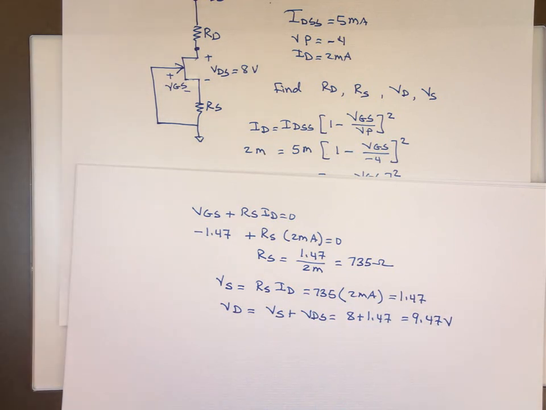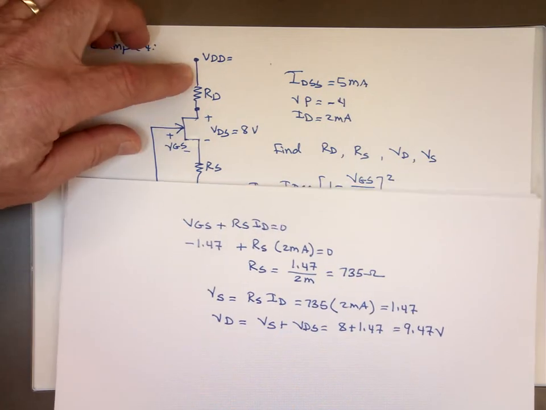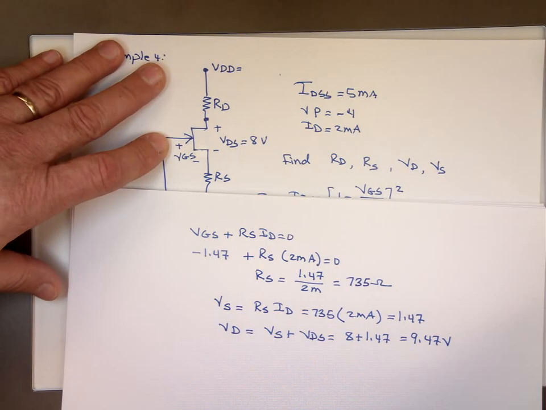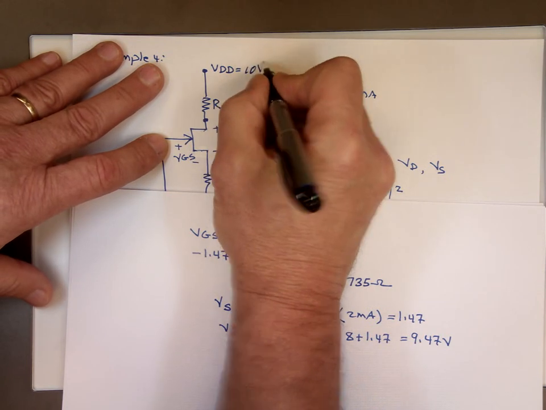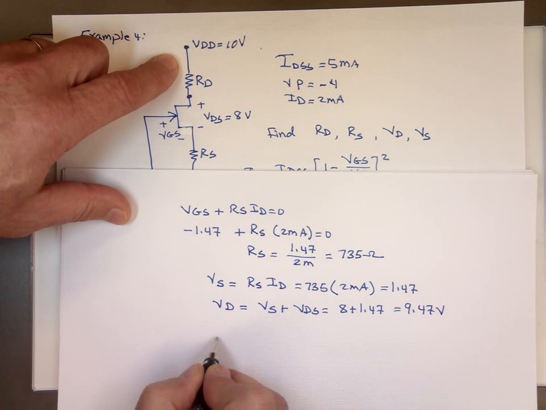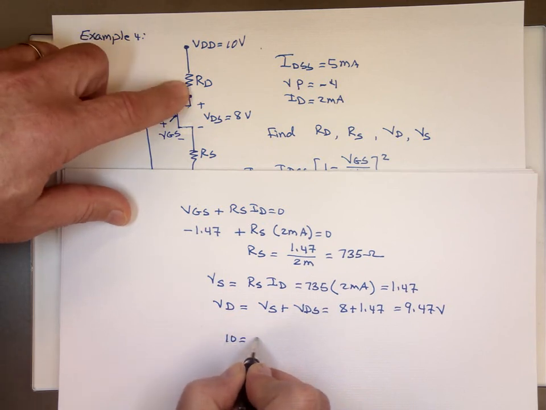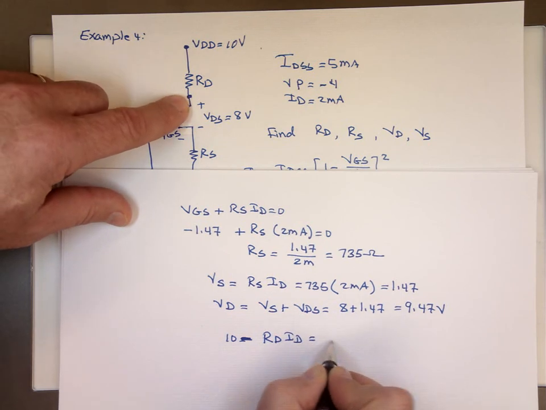We're making progress. If I know that, and I know VDD, let's pick a number for VDD. Let's say VDD is 10 volts. So what's R sub D? We know 10 minus R sub D times I sub D is equal to the voltage right there, which is 9.47 volts.